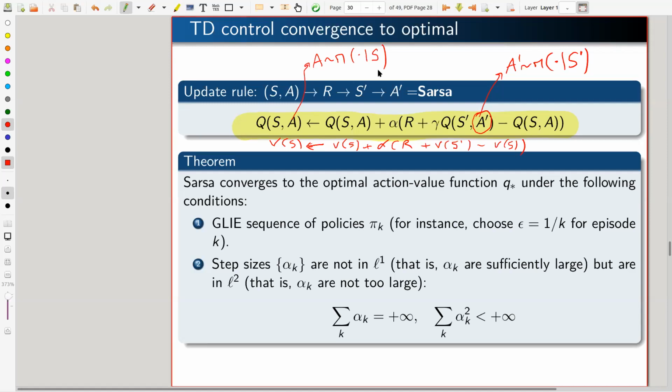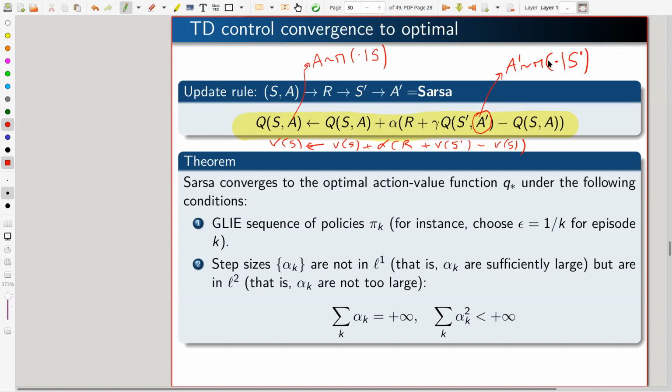Now, this is the control part. Okay, if I do this, this is important, I'm just evaluating the Q value, okay? What is the control cycle associated to this update rule?